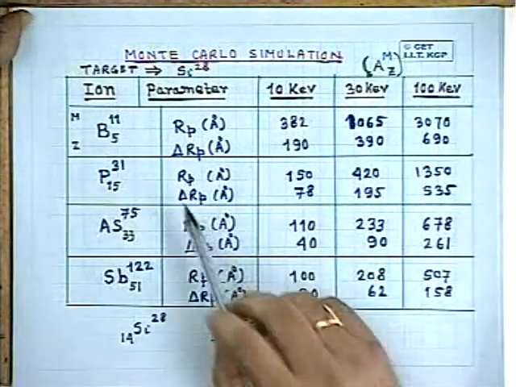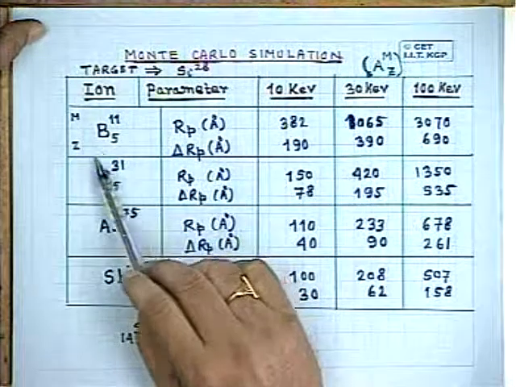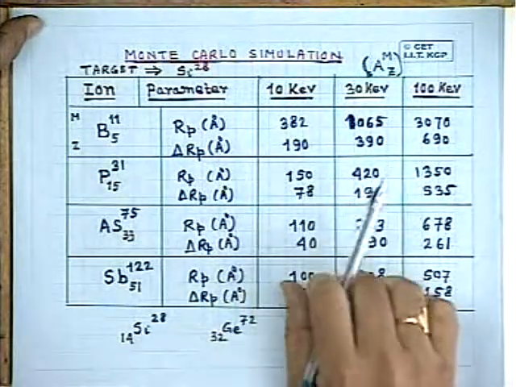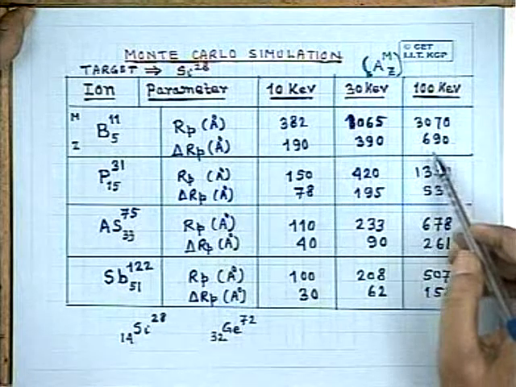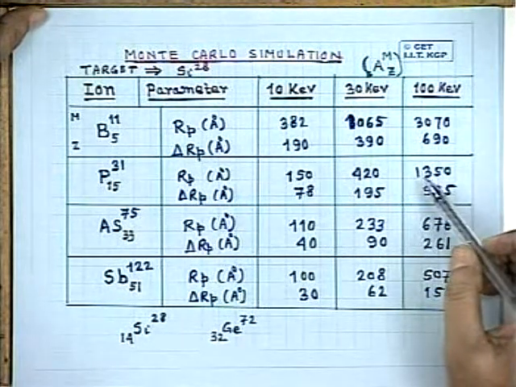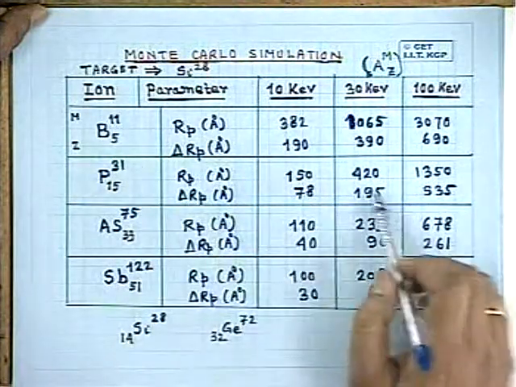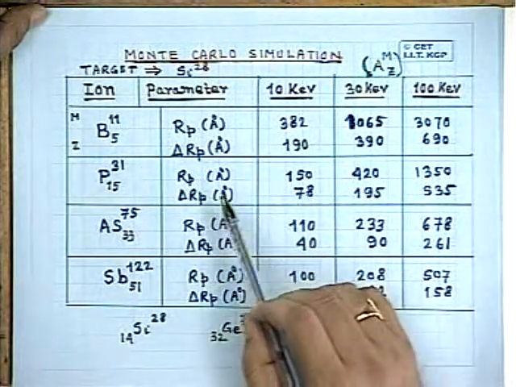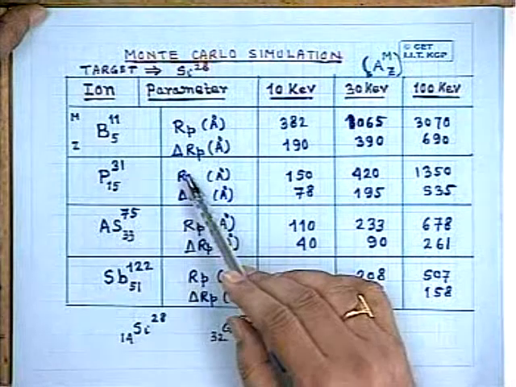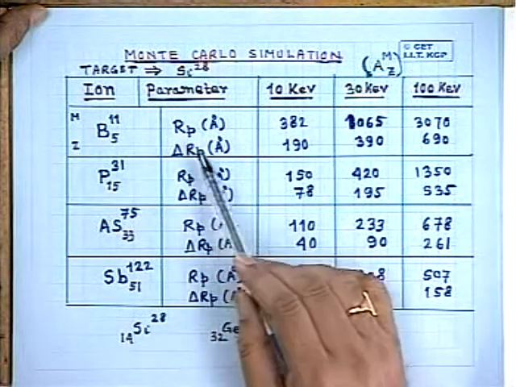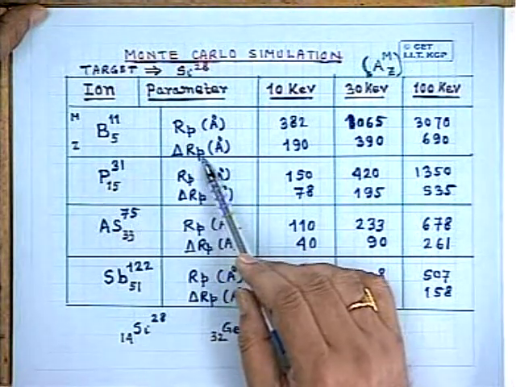So, the normal ions which are implanted, this table is very important and it will give you some information. And these results are obtained from Monte Carlo simulation. And here I have shown the values of Rp and delta Rp. Rp is the range and delta Rp is the straggle.